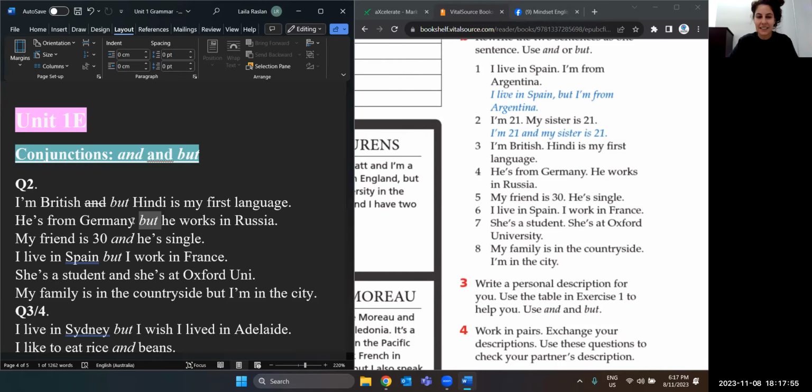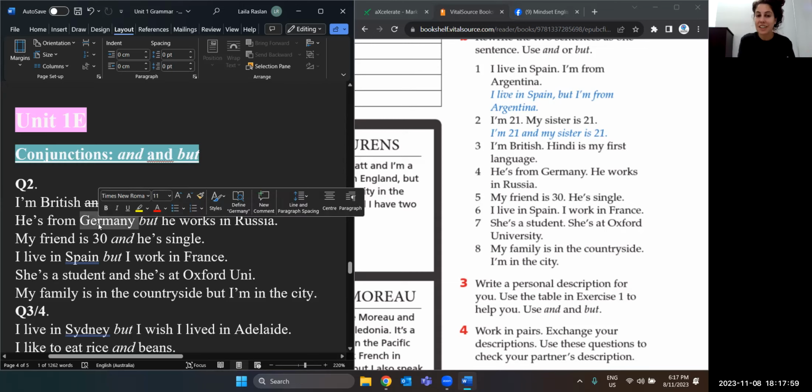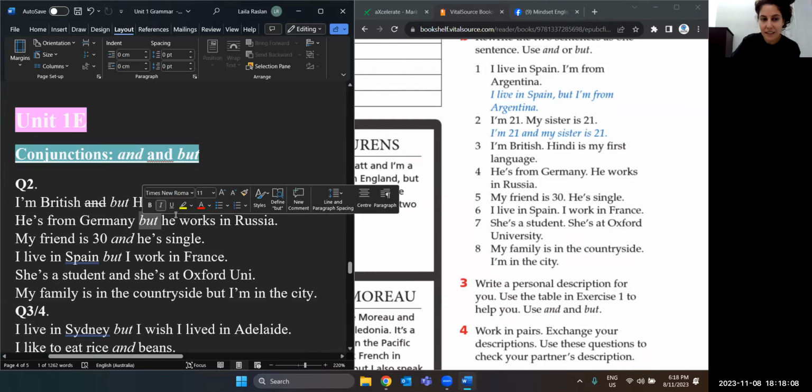I'm not really adding information. I'm kind of saying but. He's from Germany, but he's not living there because he lives in Russia because he works there. So can you see why it's but? I'm not adding information to support Germany. I'm going against it. I'm saying, but he doesn't live there. He lives in Russia.